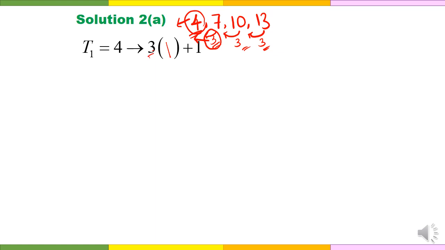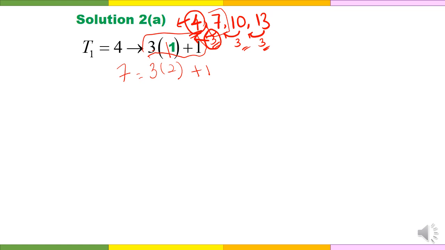Let us try the general form with the natural number 2. So what will we have for natural number 2? 3 multiplied by 2 plus 1 will give us 7, which is the second term of the sequence. So we can use this general form. We have to check for every number in the sequence, okay?